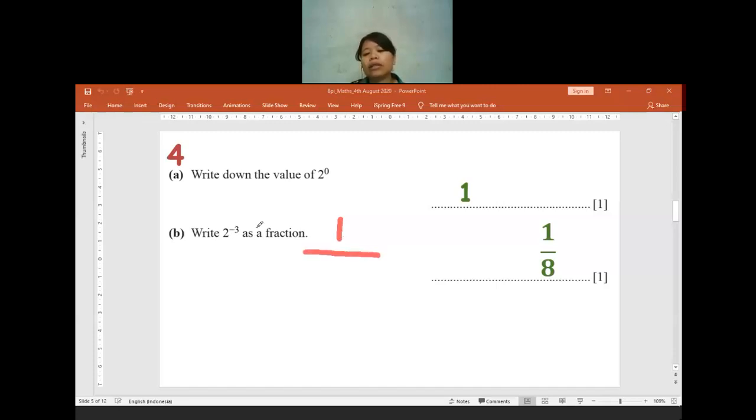And then the index we have is 2 to the power of negative 3. When it becomes a fraction, the negative will be gone. So we write it as 1 per 2 to the power of 3. 2 to the power of 3 is equal to 8. That's why it will be 1 per 8, because 2 times 2 times 2 is 8.